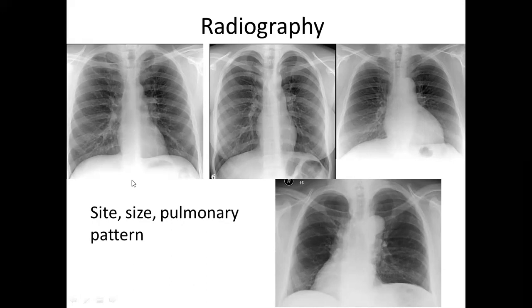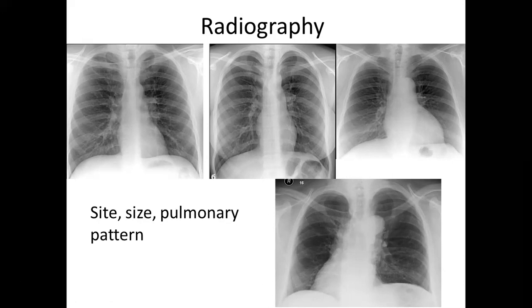You can see this patient is normosthenic, this patient is asthenic, and this patient is hypersthenic. Sometimes you can see some shifting of the position of the heart. So the heart is located in the right hemithorax, however the aorta is still located in the left hemithorax. So sometimes you can see this type of pathology.